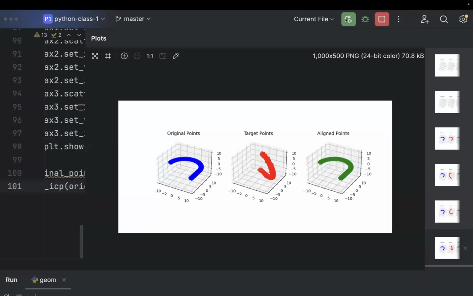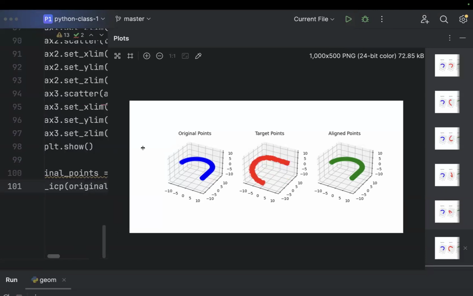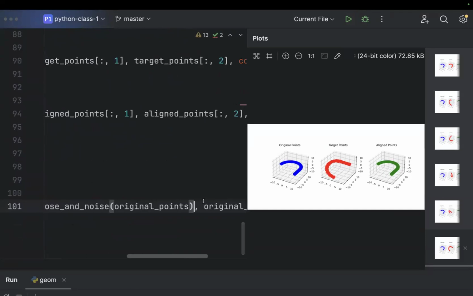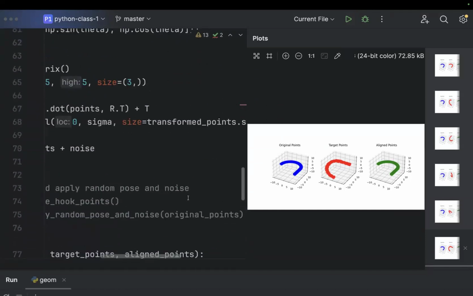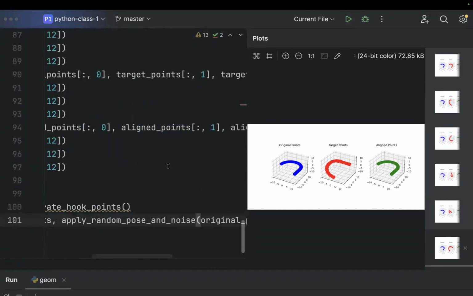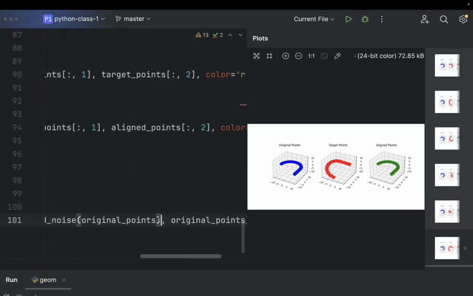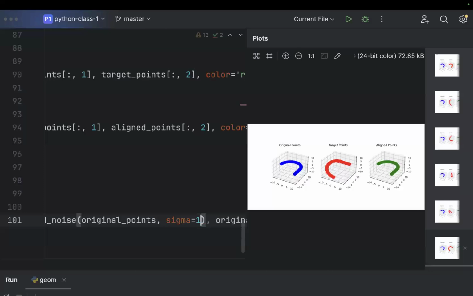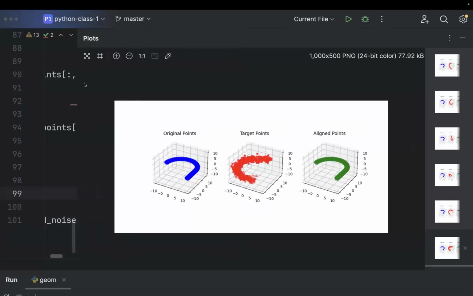It generates a random position, and the shape is also a bit wobbly in different ways. You can play around with this kind of stuff and see how much the normal noise actually influences this. Where did I put the parameter? Sigma. Let's put it at 1, for example, and then it's very noisy and so on.